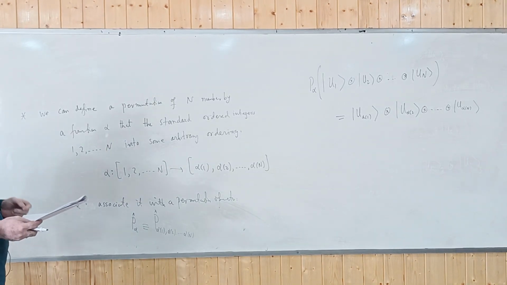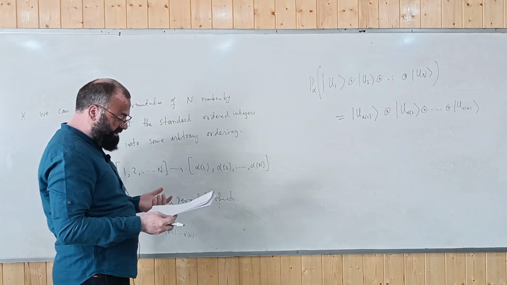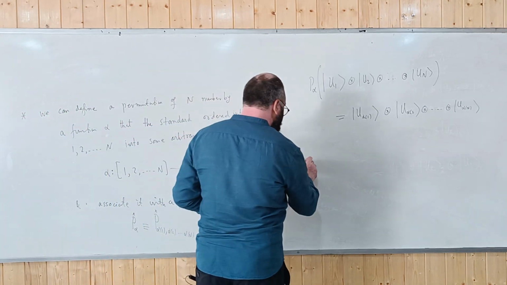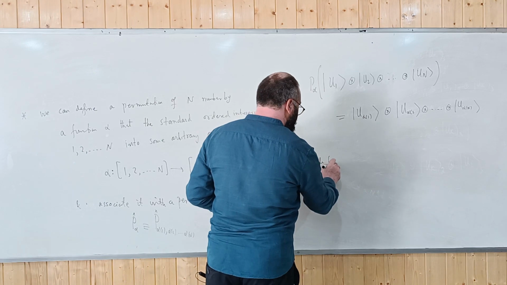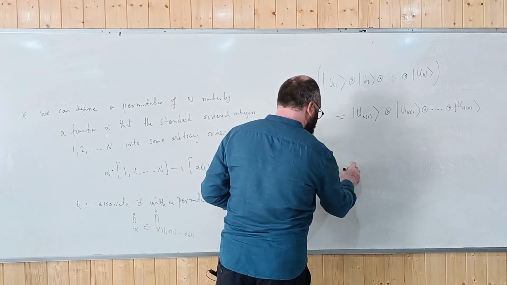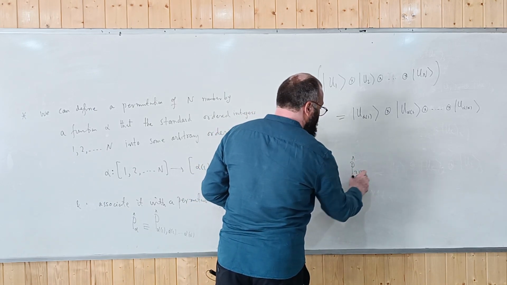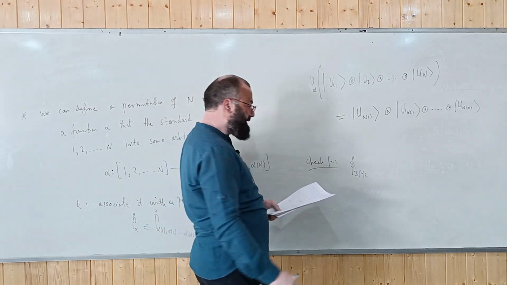Okay, so you can check for this. If you have P3142, that means you have 4 particles.